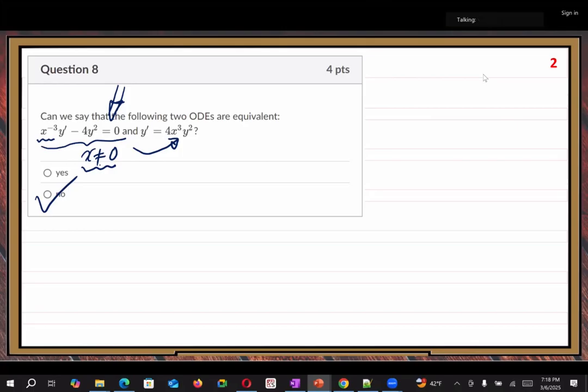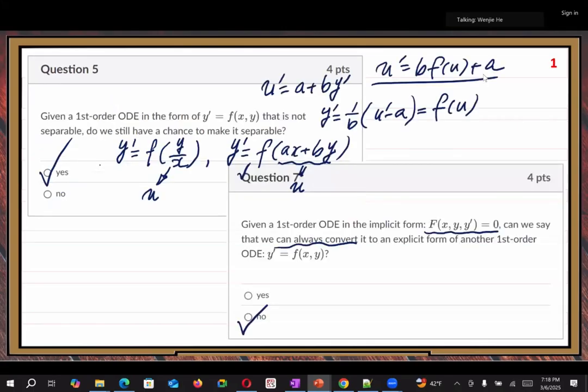Go back to 7. Always convert it to explicit form? But not always, right? Sometimes, and the percentage that we can convert is actually pretty low. Because you may have some very complicated case, right?